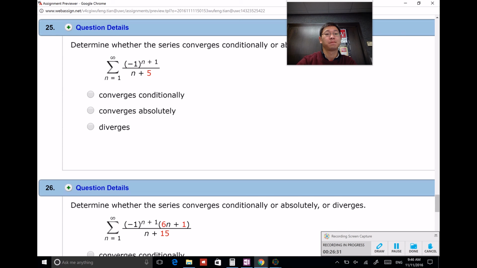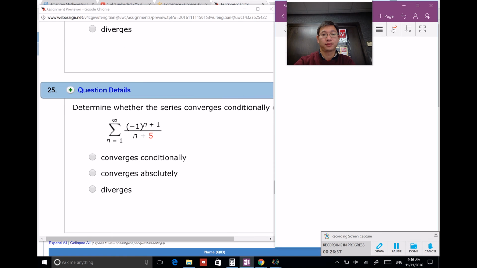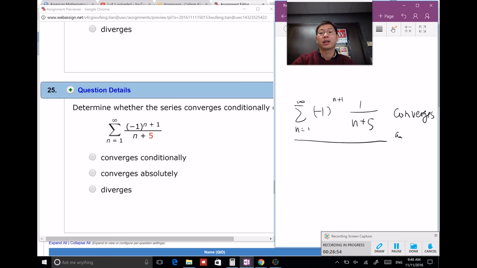Is it because it's an alternating series? Perfect. This one converges because it's an alternating series. You can check two things: a_n goes to 0 and a_(n+1) is less than a_n. So this one converges.